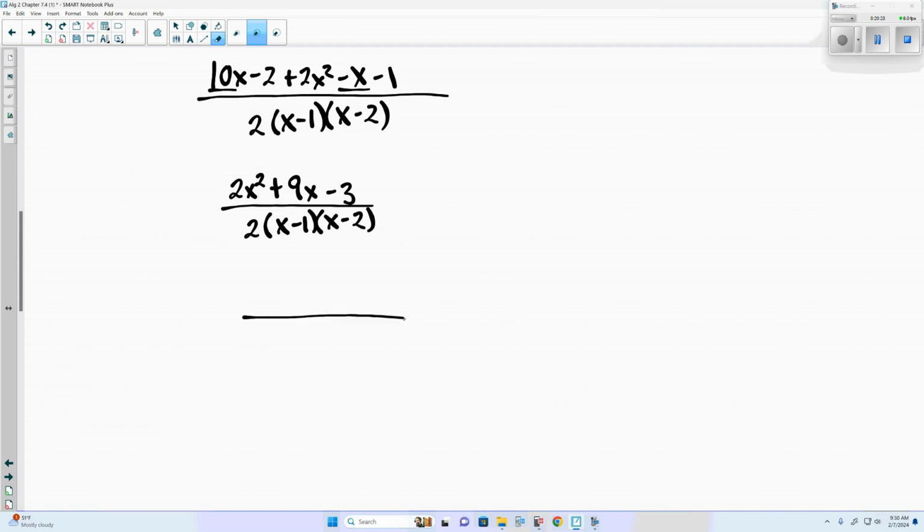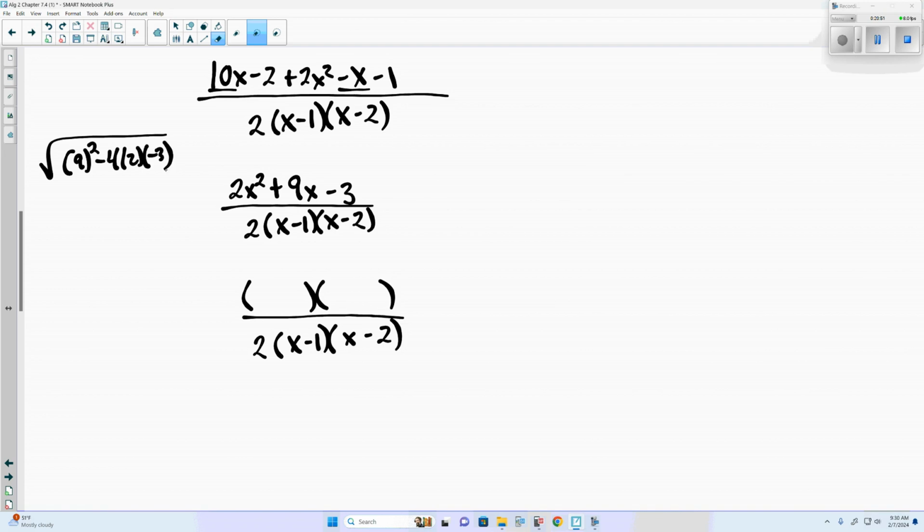Now there's a good chance the numerator is going to factor. But there's also a good chance that it won't. Before we start this, let's go on and check it. Because that would be 9 squared minus 4 times 2 times negative 3.